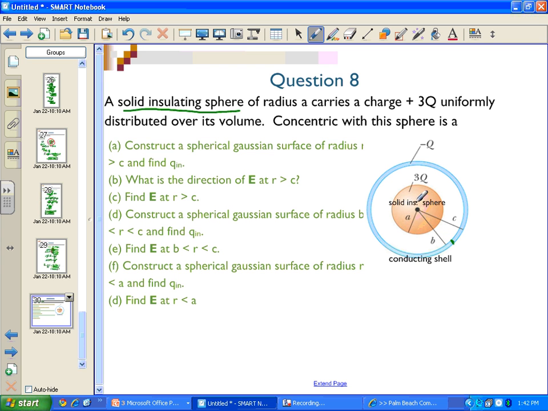And the solid insulating sphere itself has a radius a and has charge distributed over its volume.